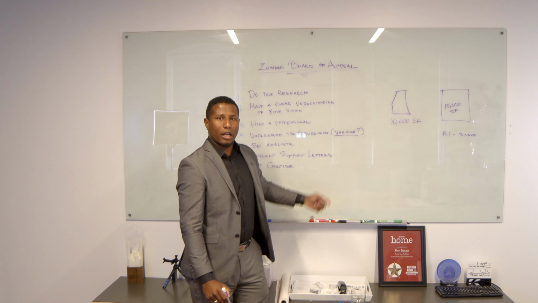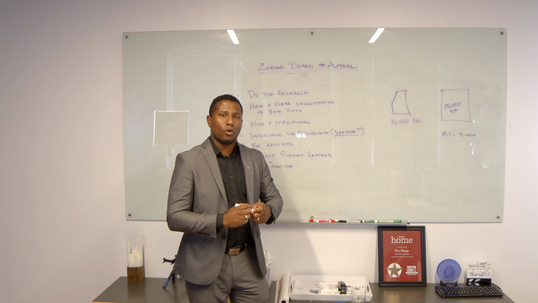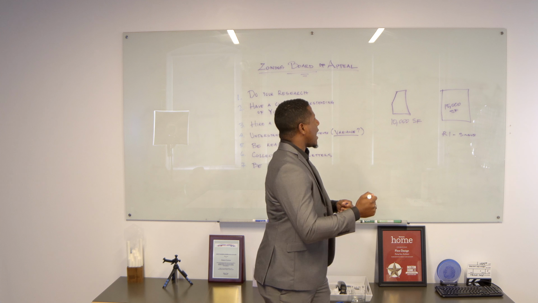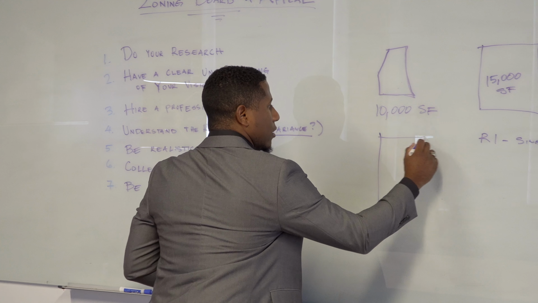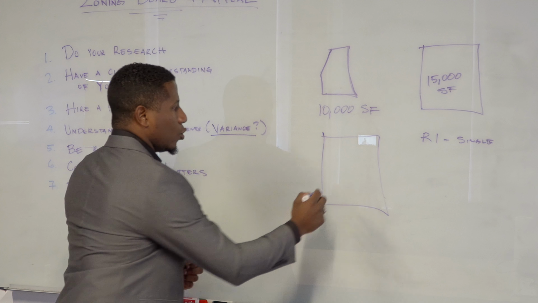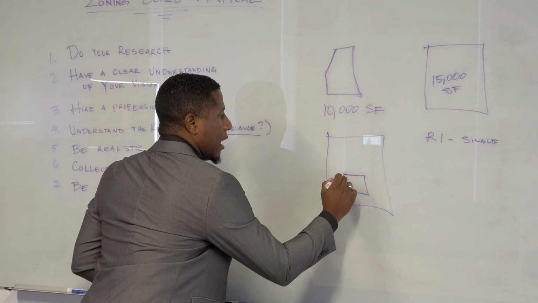If that means relief for your lot, let's say you have a lot, and let's say you want to do an addition. I'm going to draw just a couple squares here.